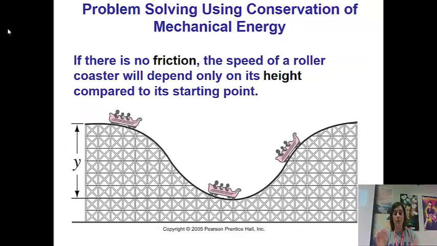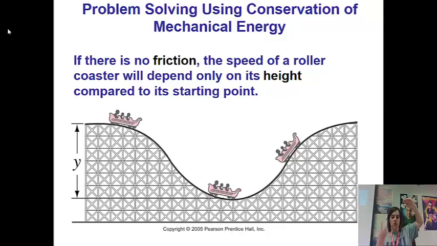Now, this is kind of a nice little thing. If you're riding a roller coaster, okay, if you have a frictionless roller coaster, the highest you'll ever be able to go is the height of the first hill, okay? So when you have a roller coaster and that chain pulls you up, you're putting energy into the system because the chain is doing work and it's bringing the roller coaster up to some potential energy.